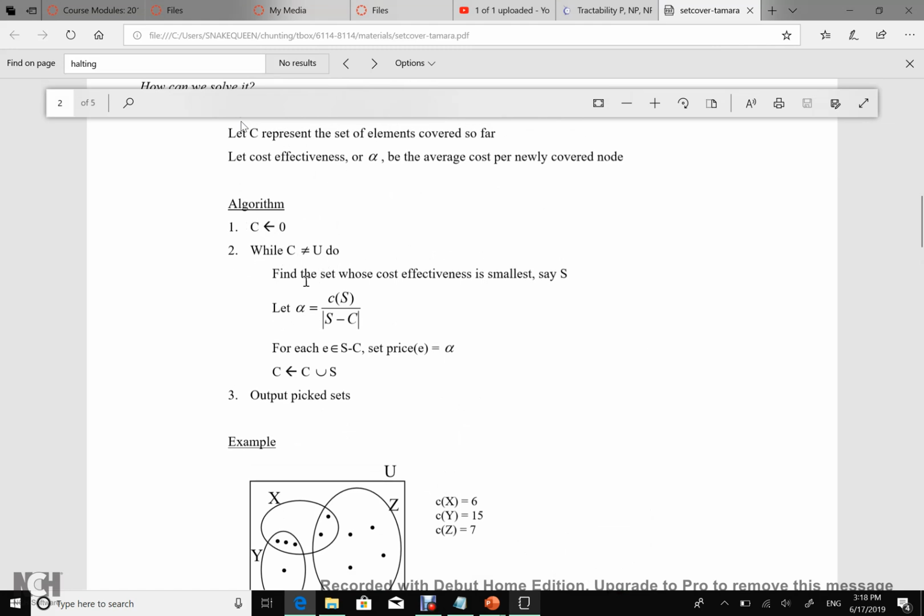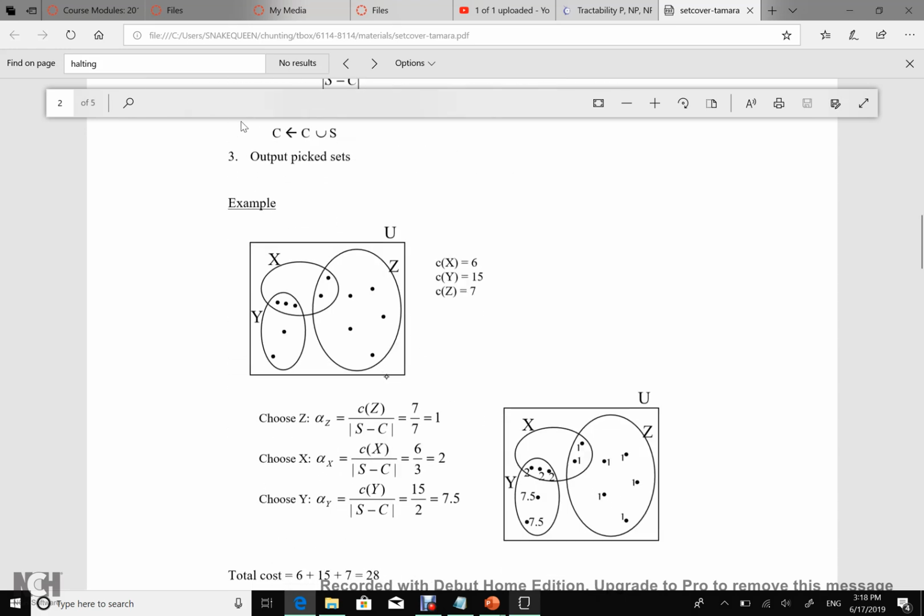First, you have all the covered set initially empty. Then you select the most cost-effective set, which is the one with the smallest cost per element, and select that. Then you add it to the newly covered set, and later you check each club and select the lowest cost one, and repeat this way.